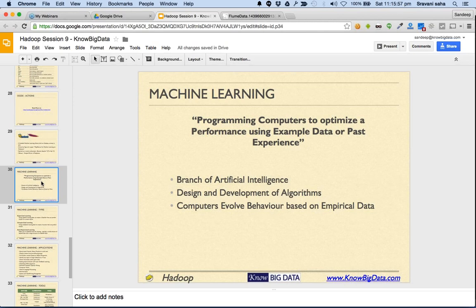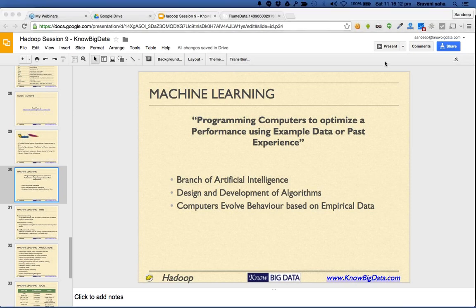Now, in machine learning, we give the algorithm lots and lots of data and tell it that this is Sandeep Giri, this is Damodaran, this is Anuj, and so on. We give all of these millions of records to the algorithm, and the algorithm automatically figures out and correlates.